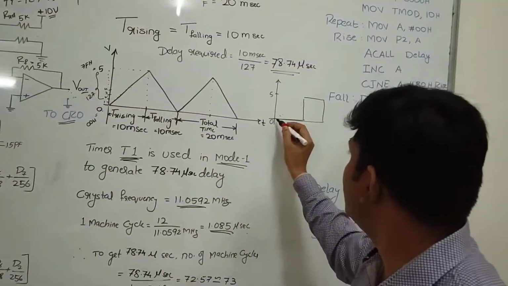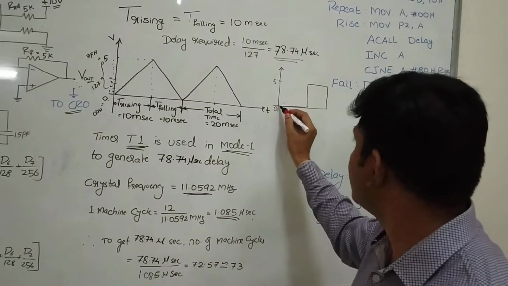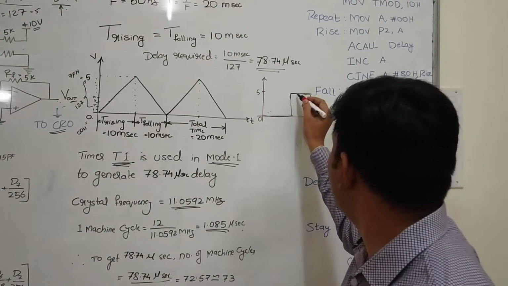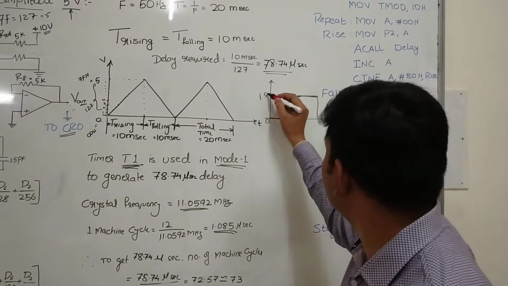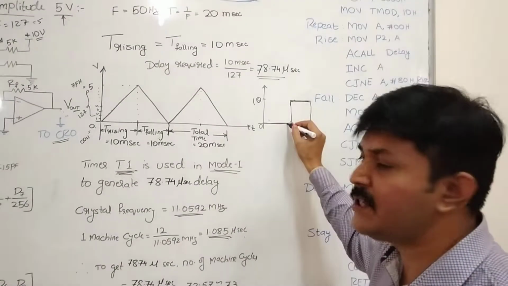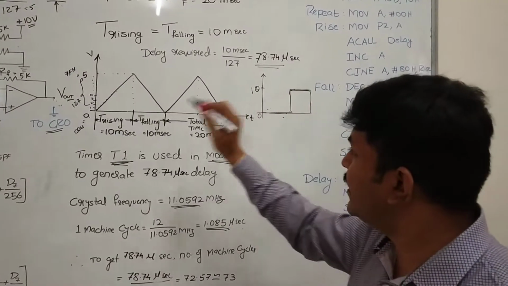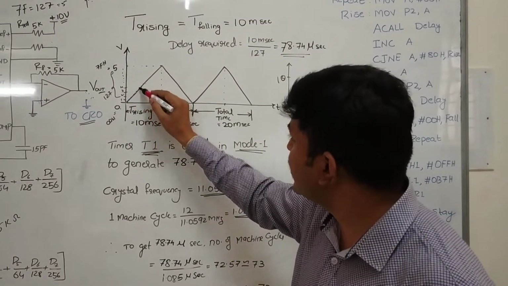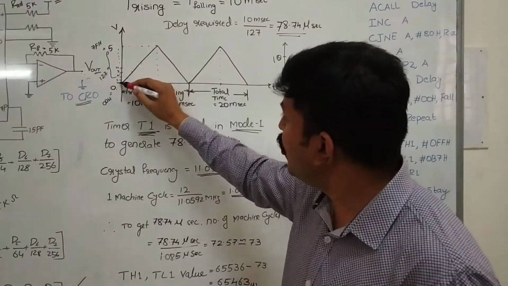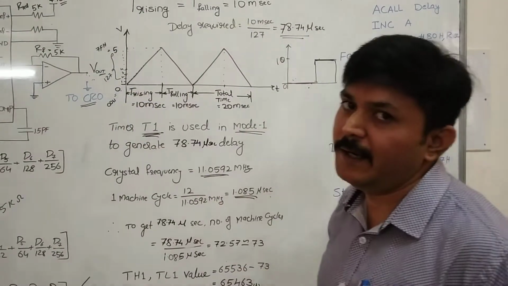In the square wave I had only 2 voltage levels, 0 and 5, I mean actually 10 volts. But here I have many voltage levels, hence I will divide this 0 to 5 volts into 127 voltage levels.